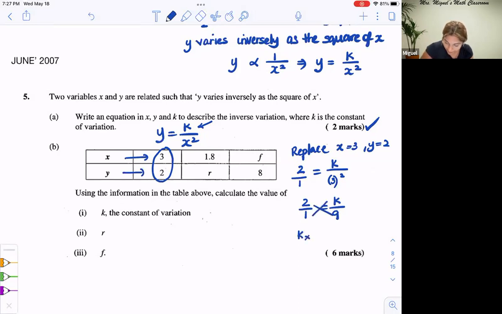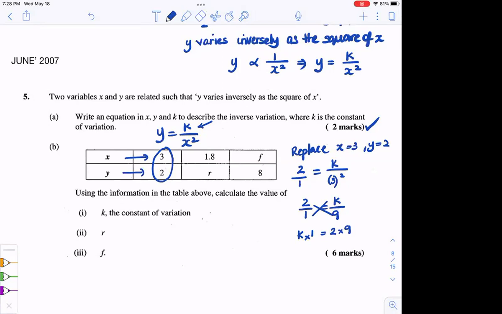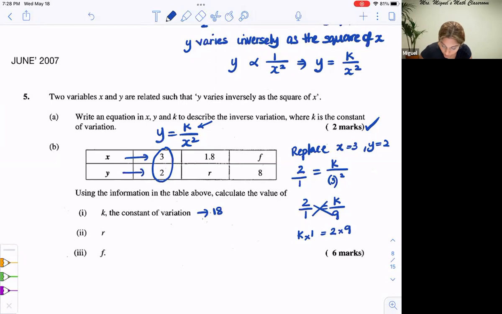How much is k? 12, Miss. Yes. So k is 12. So here we would have scored another 2 marks. So we have 2 and 2, 4.